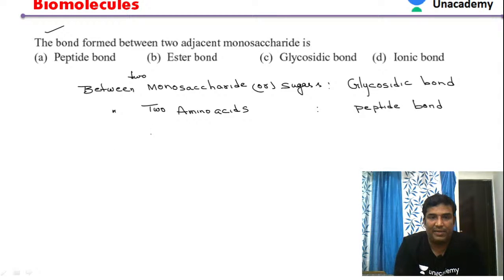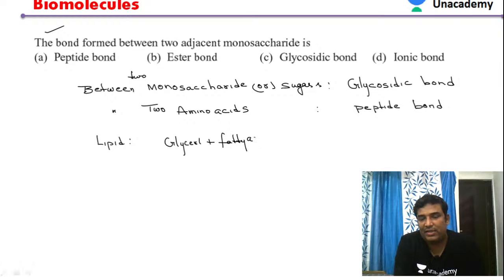Similarly, in lipids, as we have seen just now, glycerol is joined to fatty acid by an ester bond. So the ester bond is present in lipids.